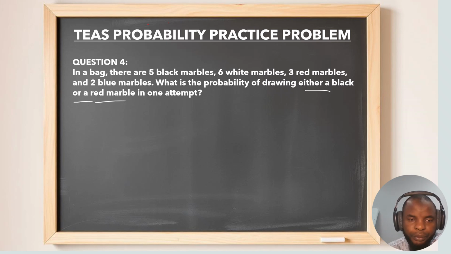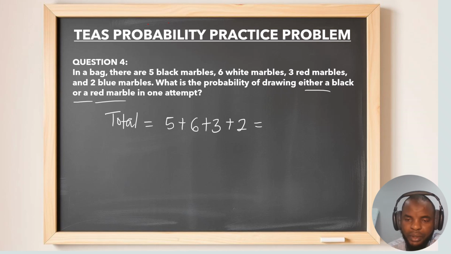Here, the first thing to do is to get the total number of marbles. We have 5 black plus 6 white plus 3 red plus 2 blue marbles. In total, we have 16.